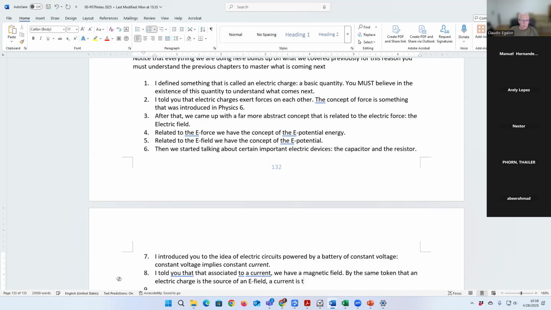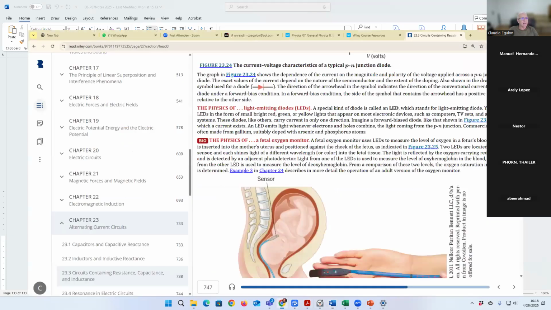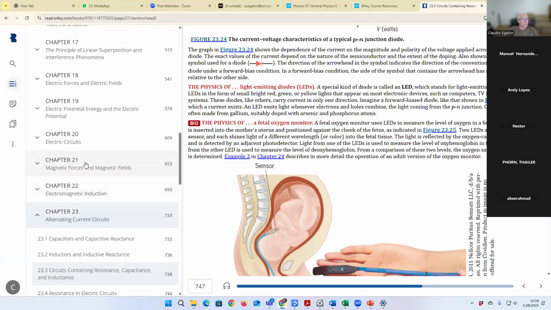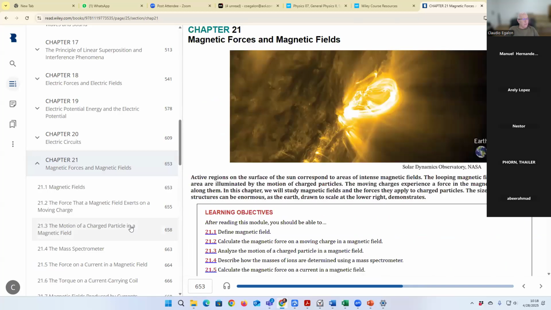A current is the source of the magnetic field, represented by the letter B. And that's this chapter, Chapter 21.